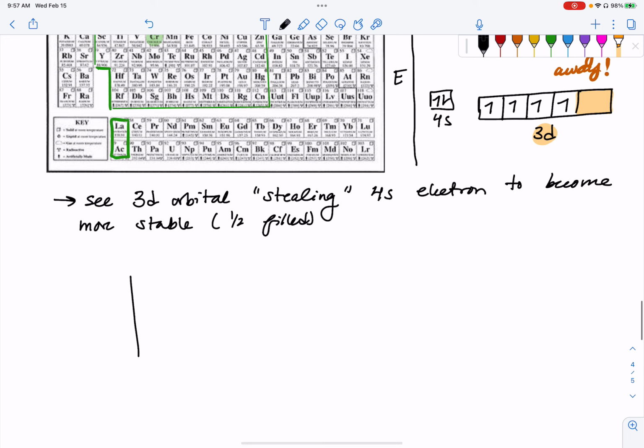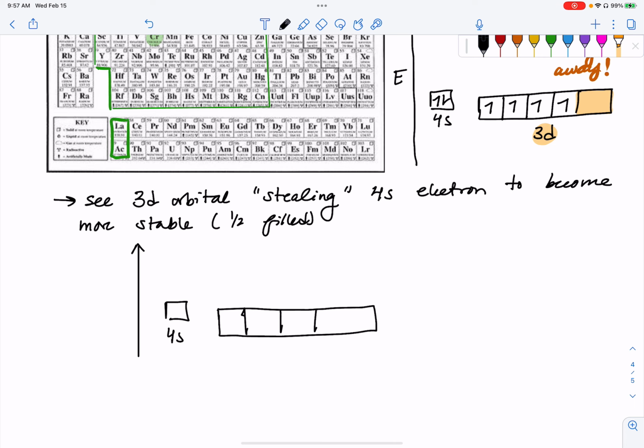So if I think about what that might look like, if I've got my 4s and my 3d, that would look something like this.